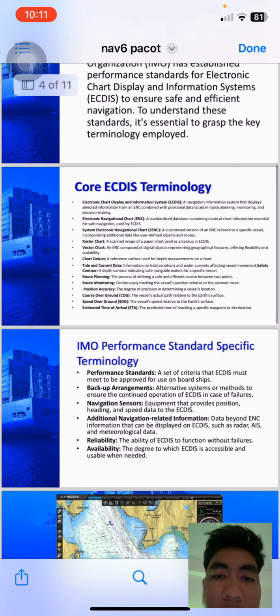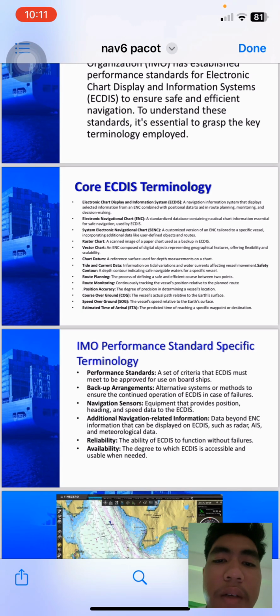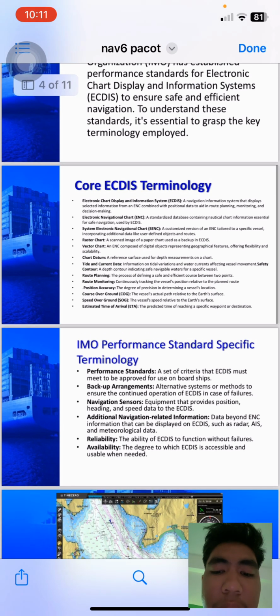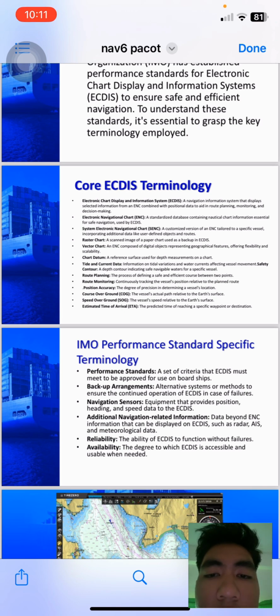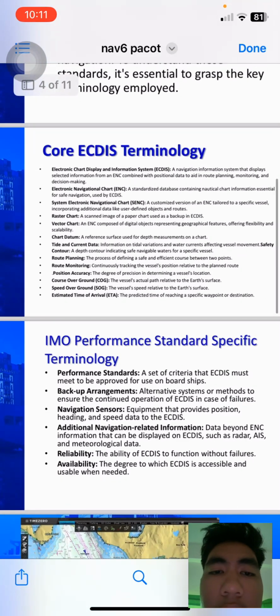Now we have the core ECDIS terminology as per IMO standards. Firstly, we have ECDIS, a navigational information system that displays selected information from ENC combined with positional data to aid route plan monitoring and decision making.